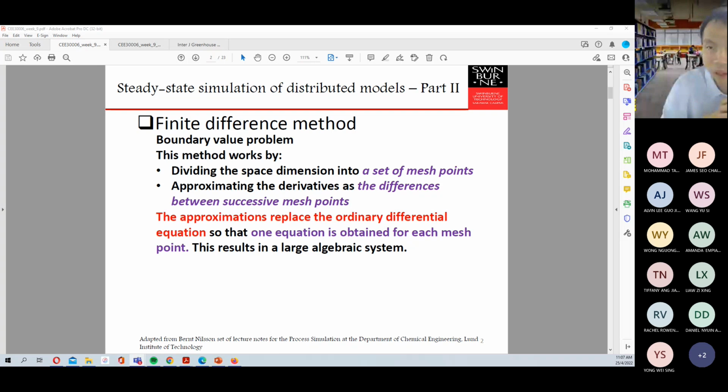So in the finite difference method, for today we talk about the steady state distributed model, meaning that there is no variation with respect to time. I noticed when I evaluated your project 1 marks that some of you were confused between steady state and transient, and between the lumped model and the distributed model.